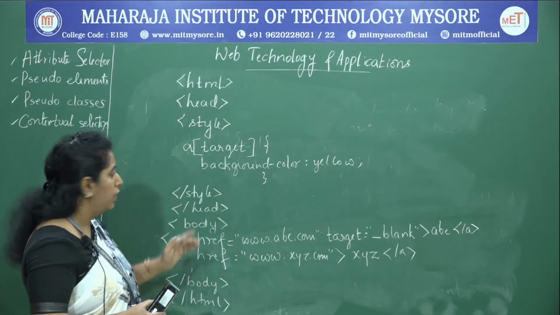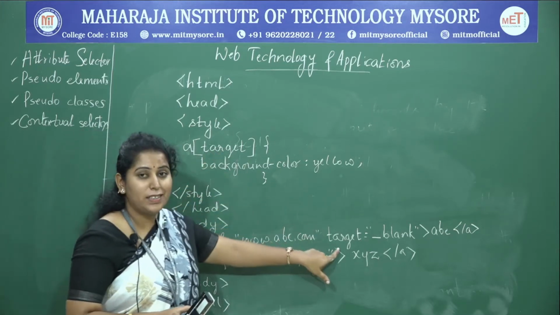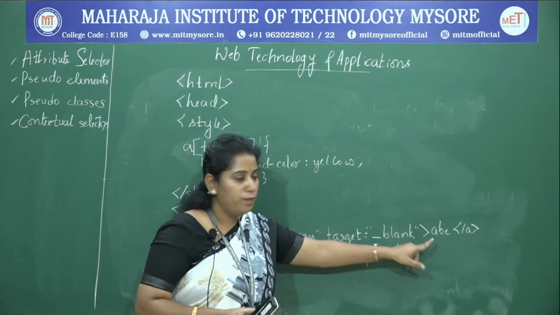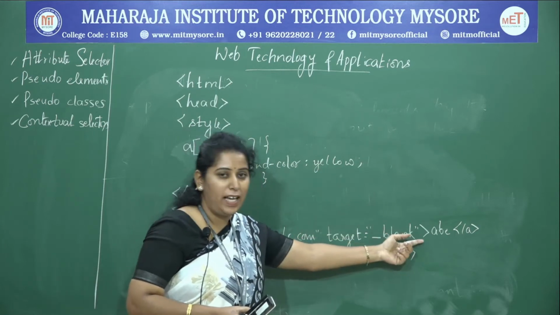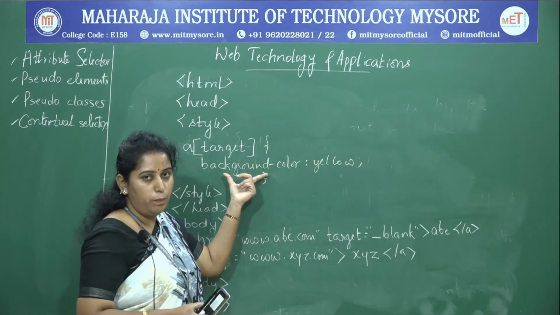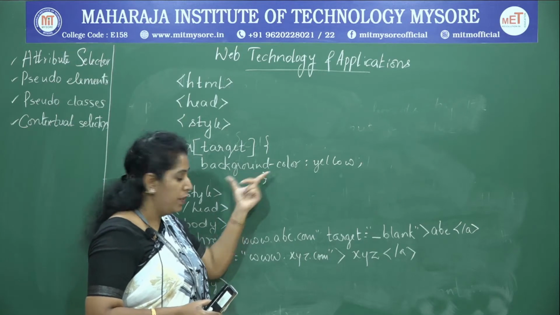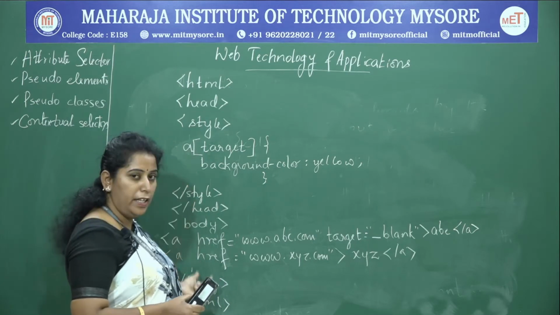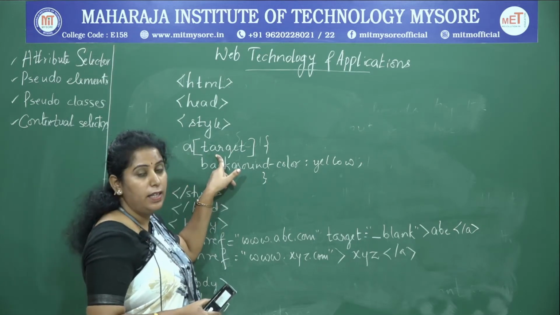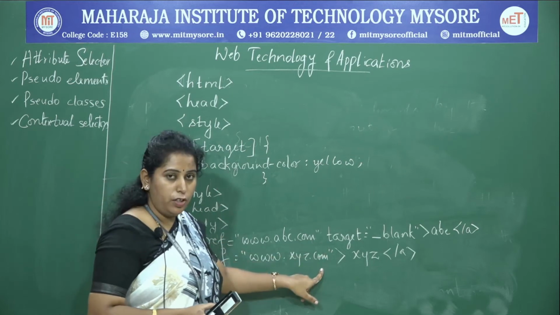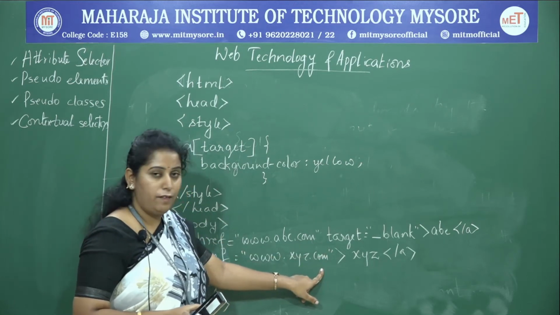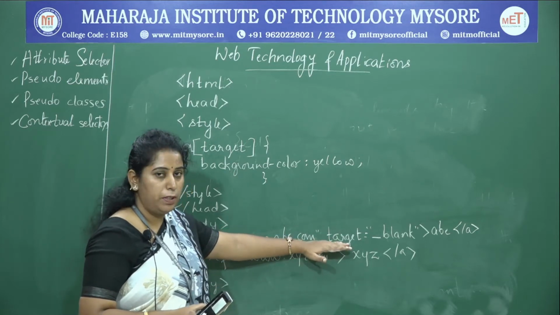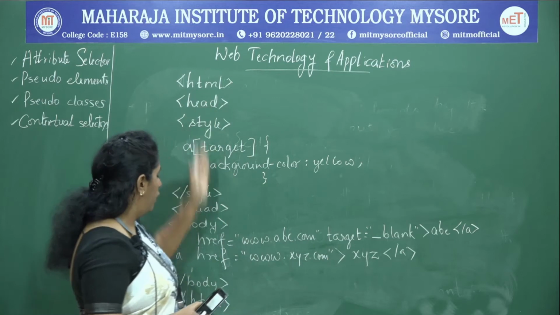Now, what happens? This is matching with this attribute, right? So, this line is going to execute or will be styled for this specific property. Whereas in the next line, even though the A tags are matching, still the attribute is not matching, so there will be no changes for this statement.